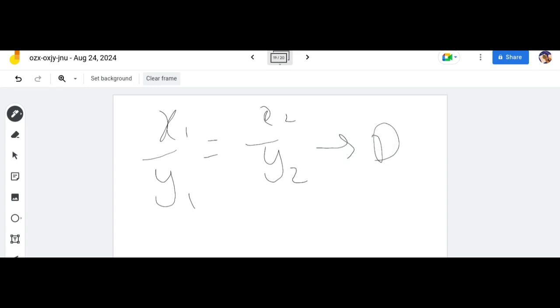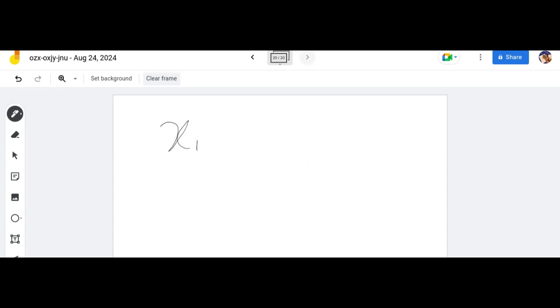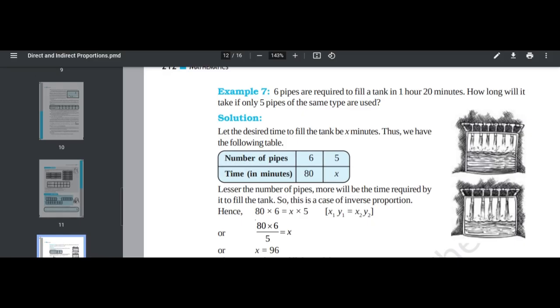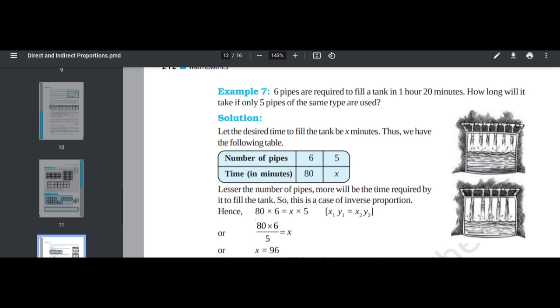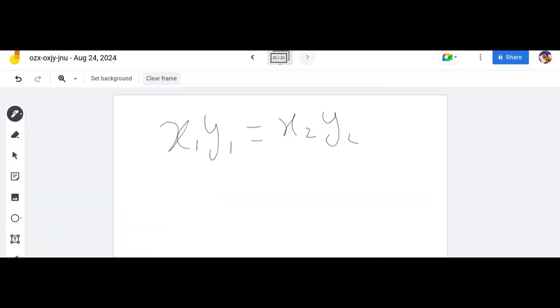But for the inverse we have to do this: x1 y1 is equal to x2 y2, like this. Now I have to put all the values. I don't have the value of x2.